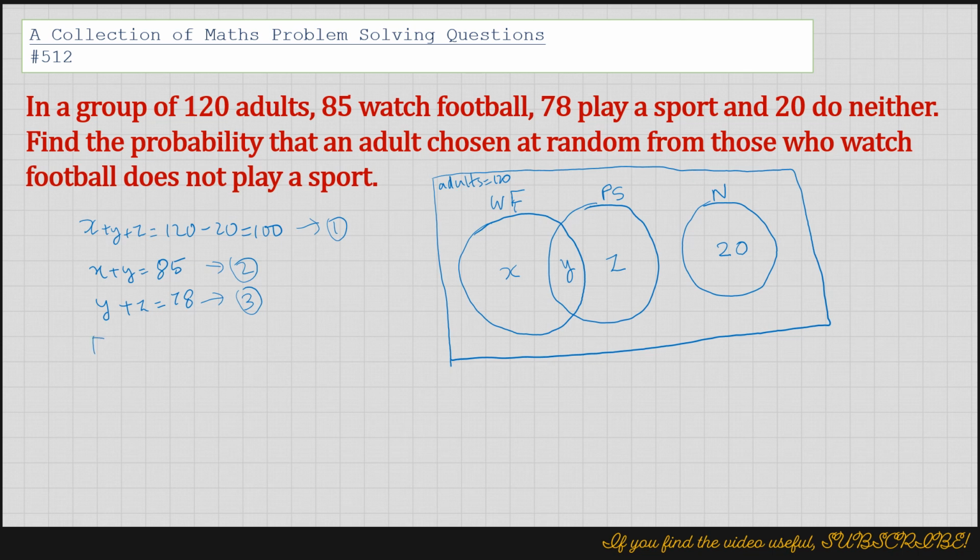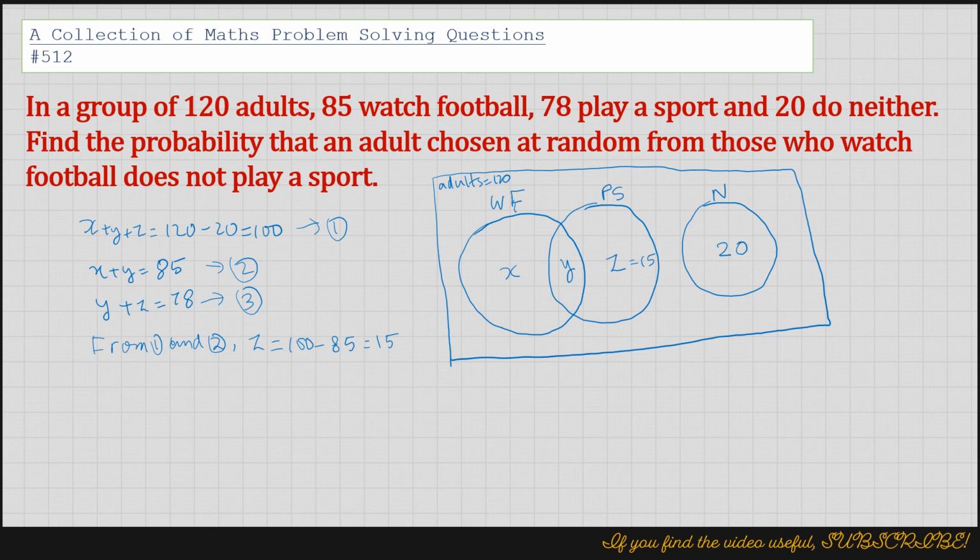So from 1 and 2, we can get Z equals 100 minus 85, and that is 15. So I can write Z is 15. So the people who play sport only, they don't watch football, is 15.